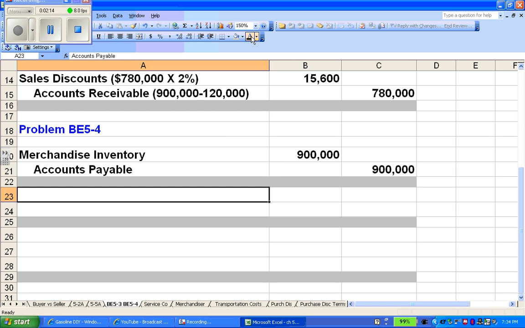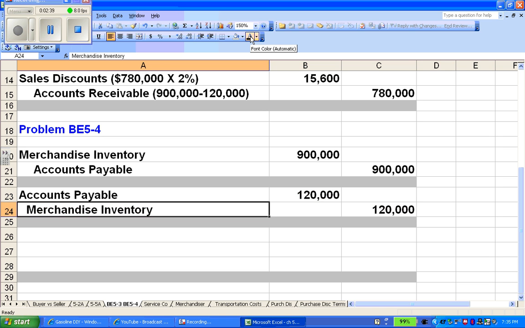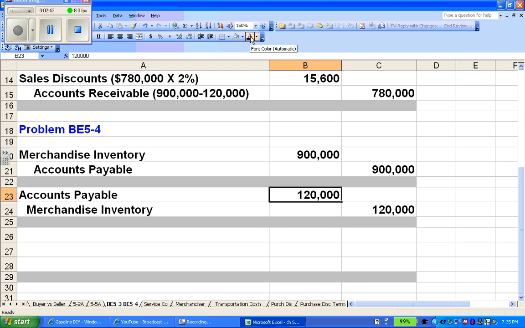All right, let's see transaction B. On March 6th, Churchill Company returned 120,000 of the merchandise. So as Churchill Company, we returned part of the merchandise. I'm just going to reverse the entry I made in A. I don't owe Monroe Company $120,000 for items that I return, right? So I want to take that off my books. I'm going to debit accounts payable for the 120,000, which was the sales price of those goods, which is my cost.